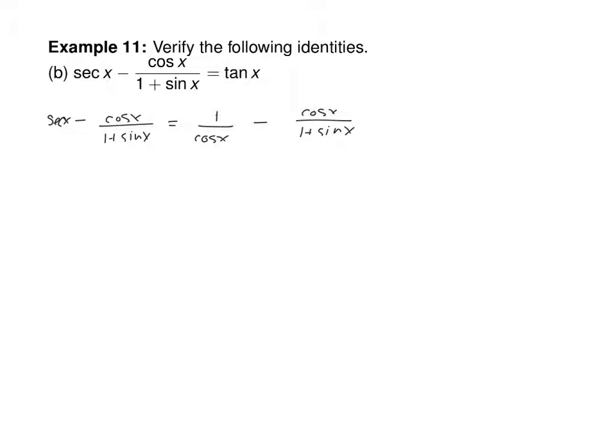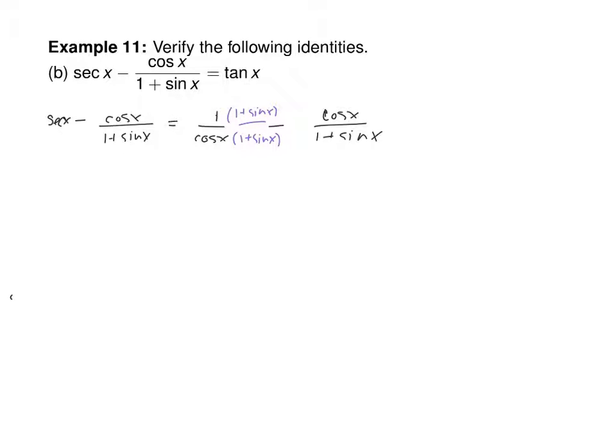I'm going to leave myself some space, because if I have 2 fractions and I need to somehow simplify them, what do we think the best strategy is? Common denominator, exactly. So what does the first ratio get multiplied by? 1 plus sine x over 1 plus sine x.